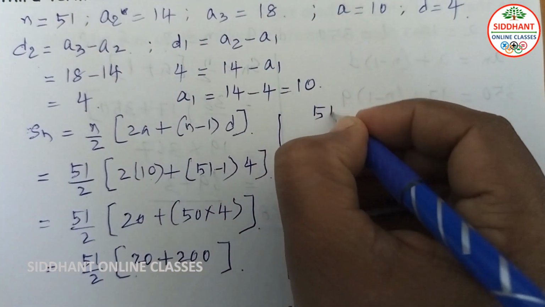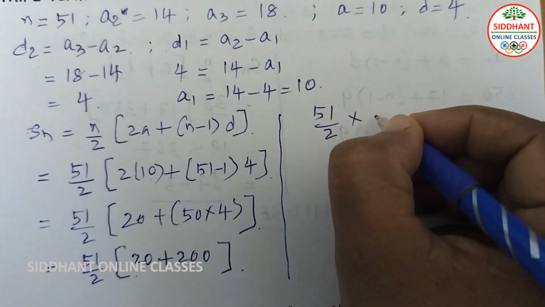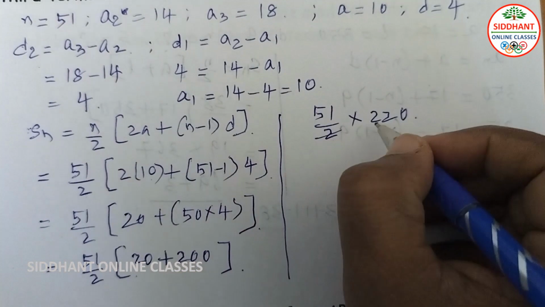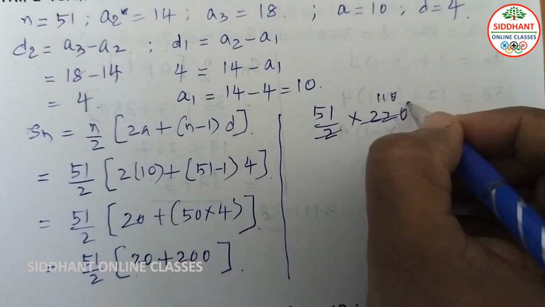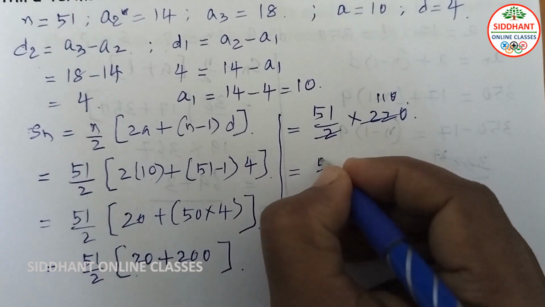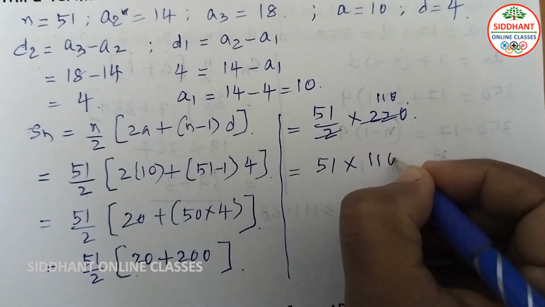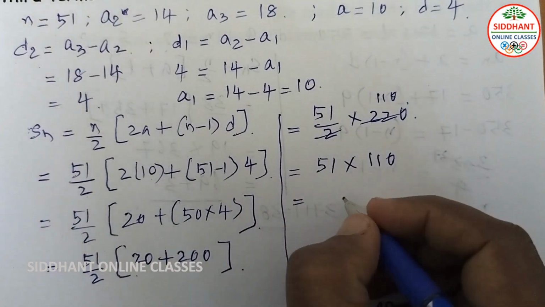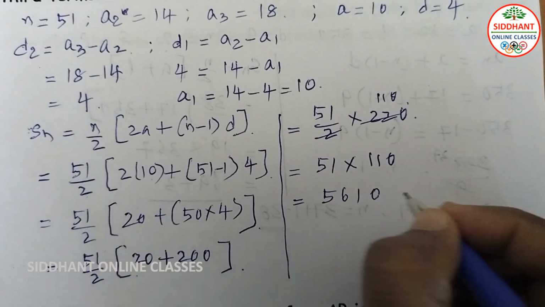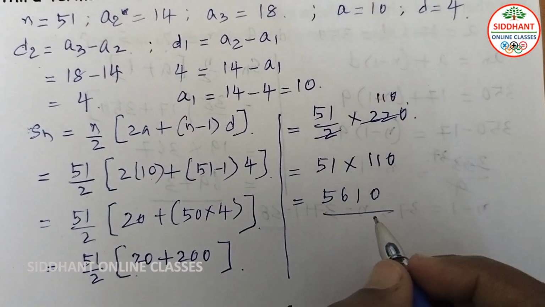Now 51 by 2 into 20 plus 200 which is 220, so 110. So now 51 into 110, which will be 5610 here. So this is the sum.